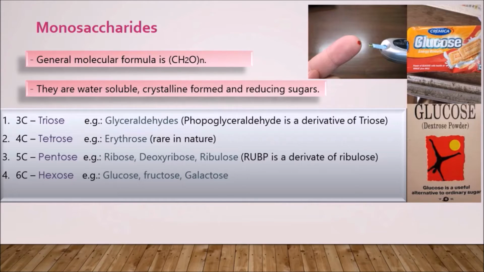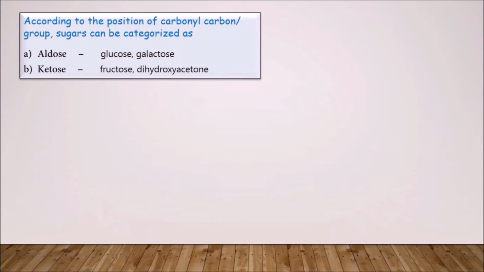Most of the oxygen atoms in monosaccharides are found in hydroxyl groups, but one of them is a part of a carbonyl group. According to the position of the carbonyl group, sugars can be categorized as aldose and ketose.